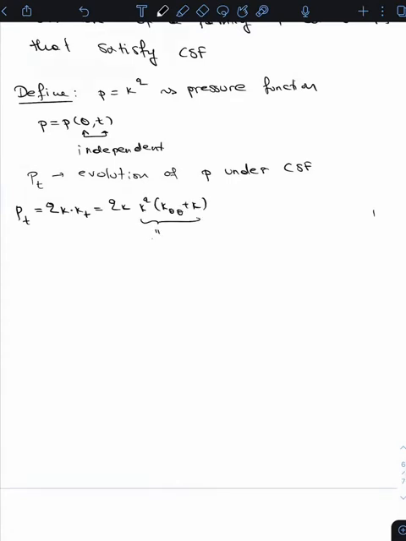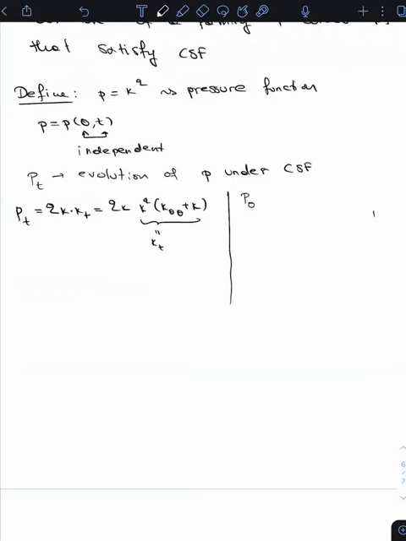Now, I'm gonna write here at the side the derivatives of P with respect to theta, the first and second. So P_theta is equal to 2 kappa kappa_theta, and P_theta_theta is equal to 2 kappa_theta squared plus 2 kappa kappa_theta_theta.